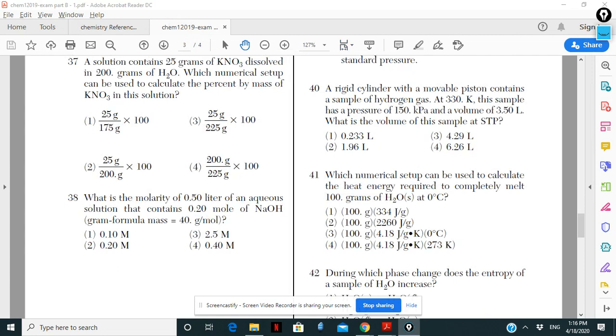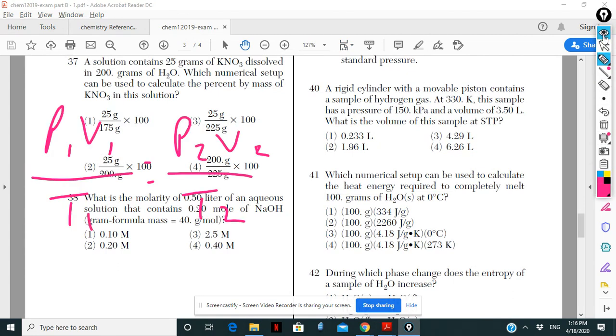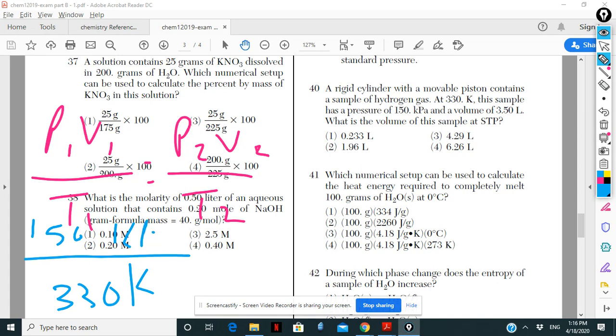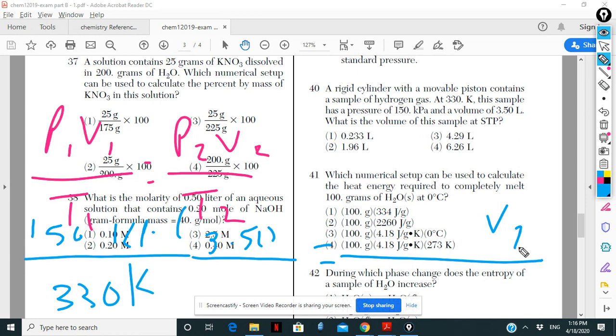So for the prior situation, it was 330 Kelvin, the pressure was 150 kilopascal, and the volume was 3.5 liter. Now, what is the volume for this sample at STP? He wanted V2.